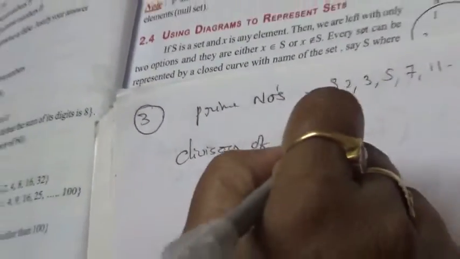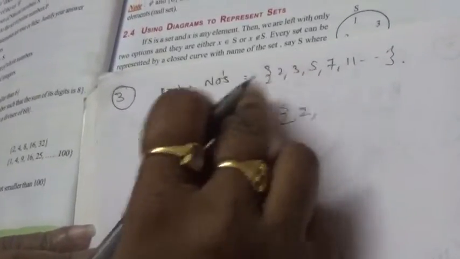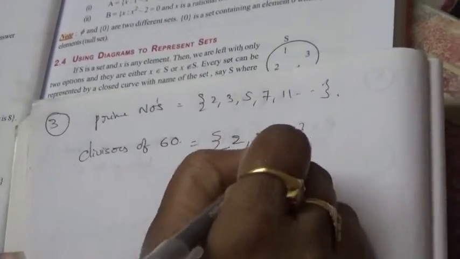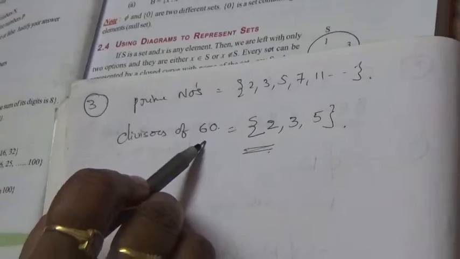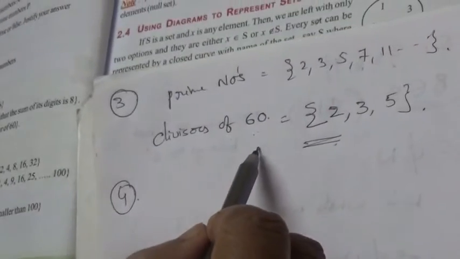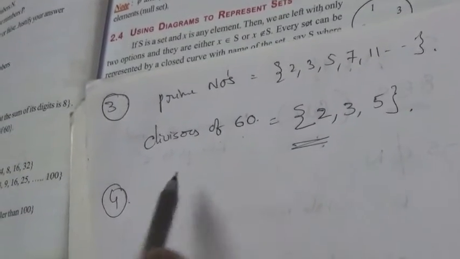In these numbers only 2 is a divisor of 60, 3 is a divisor of 60 and 5 is a divisor of 60. 7 is not a divisor of 60. 11 is not a divisor of 60, and all the remaining prime numbers are not divisors of 60. Only these three are divisors of 60.